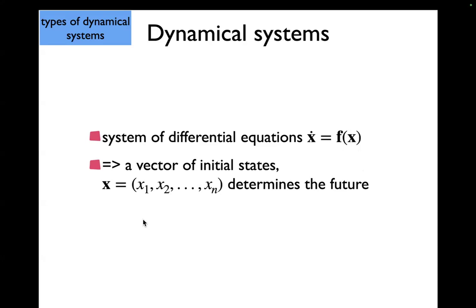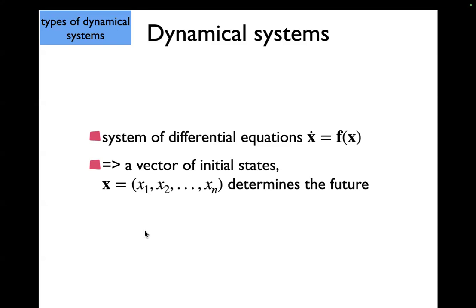So it's different from just writing down n one-dimensional differential equations where, for instance, x1 dot would be a function of just x1, and then x2 dot would be just a function of x2, and so on. No, here, the rate of change of x1 could depend on all the other variables as well, on the entire vector. And when that's the case, we'll actually talk about coupling, that these different dynamical systems are coupled. That is, the time courses of x1 will also depend on the initial conditions of x2, x3, x4, and so on, right? So that's systems of dynamical systems.